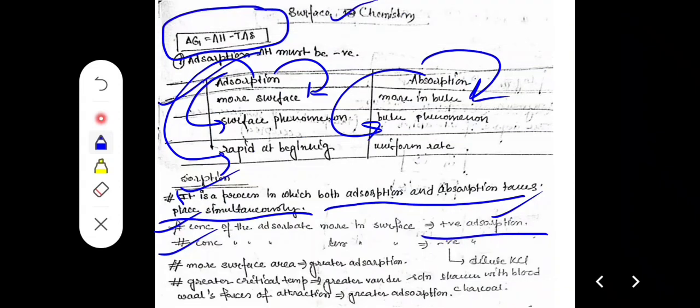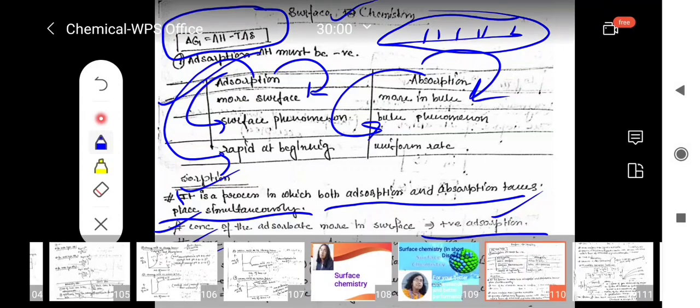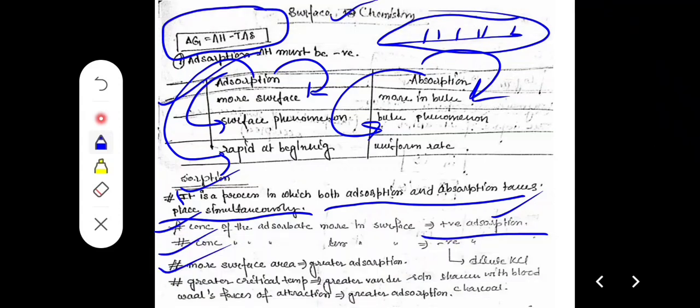Now we consider more surface area, so greater adsorption. When the surface is larger, the surface coverage is greater and more particles are adsorbed, right? So that's why more surface area means greater adsorption. Greater critical temperature means greater van der Waals force.